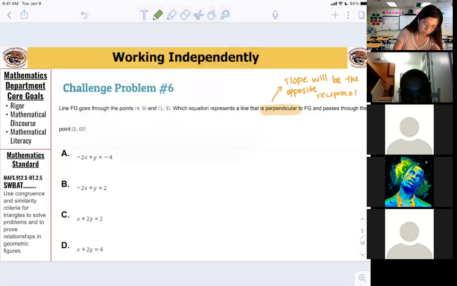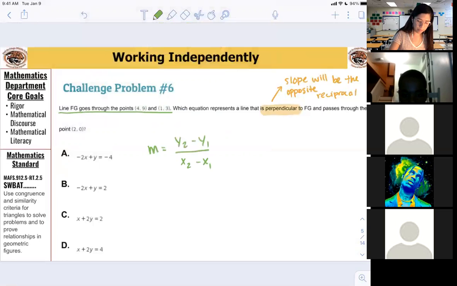And the original one, FG, goes through (4, 9) and (1, 3). Does that tell me the slope? No, it doesn't. But I can figure out the slope by using our good friend, rise over run, otherwise known as the slope formula. So I have 2 points that they gave me, (4, 9) and (1, 3). I'm going to plug those values into my slope formula.